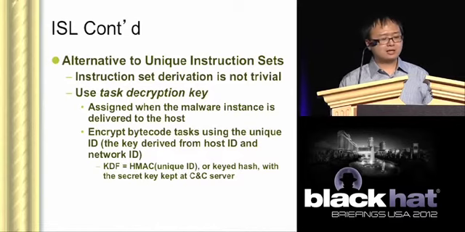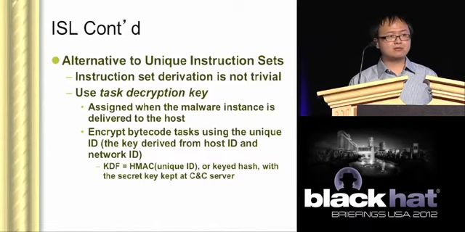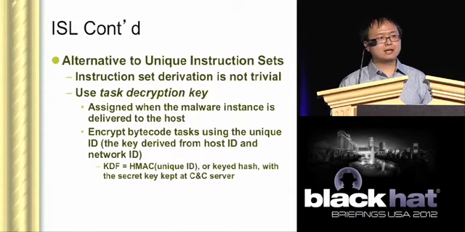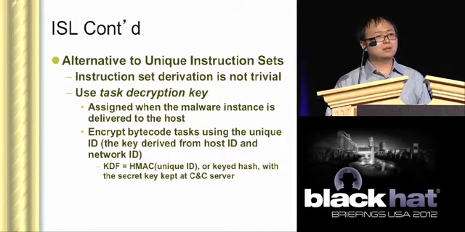Like HIE, ISL has several advantages too. The first advantage is the binary sent to the client does not have any malicious functionality. So even if you can crack HIE's protection, you will not be able to analyze the program because you don't know what this malware is capable of, what it's going to do.